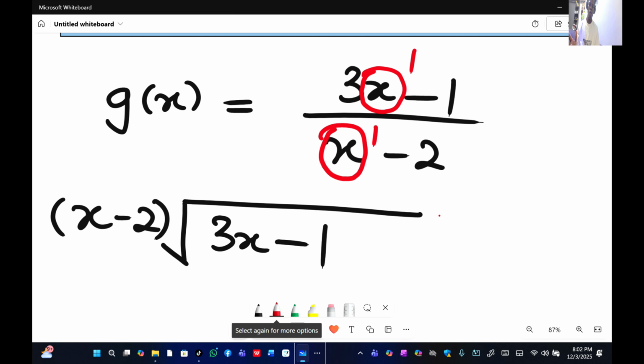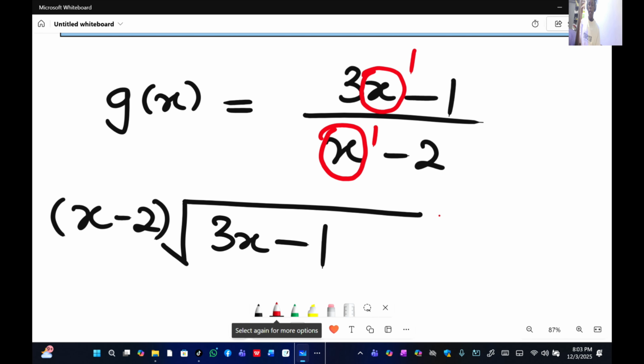The moment their leading terms have the same power, it means it is an improper rational function. If the power of the leading term of the numerator is more than that of the leading term of the denominator, it is also an improper rational function.